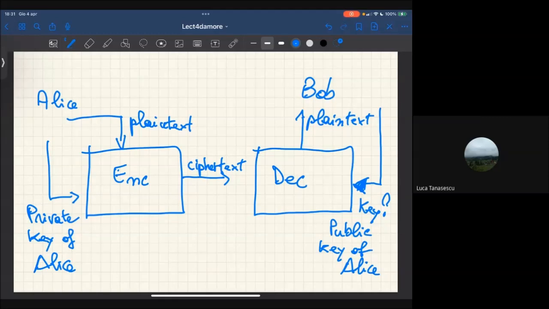So it is still true that the ciphertext is meaning nothing. It is just a sequence of bits. And we understand nothing by seeing the ciphertext. But every person will be able to use the public key of Alice for decrypting the ciphertext and for finding back the plain text.